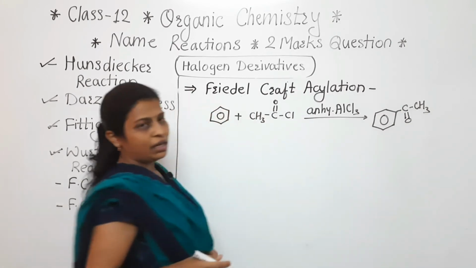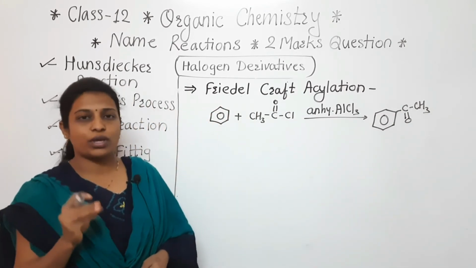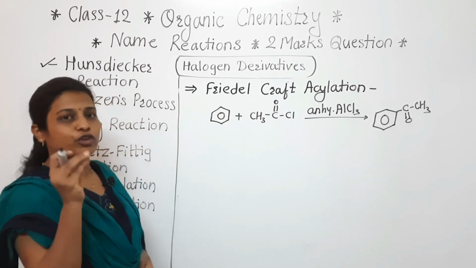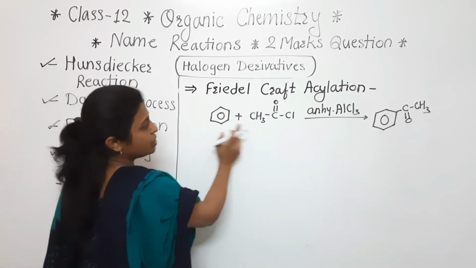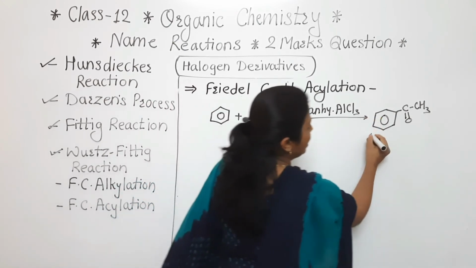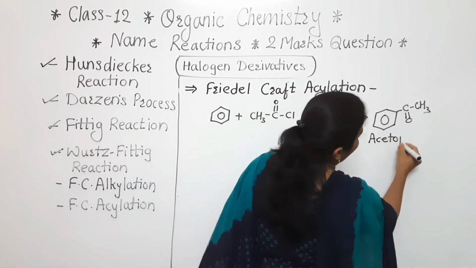This is the simple reaction. That statement also you can write, because in the 11th this reaction is there. What is that reaction and what is that statement? When benzene is treated with acetyl chloride in presence of anhydrous AlCl3, it gives acetophenone.